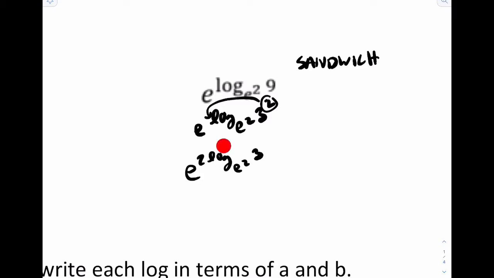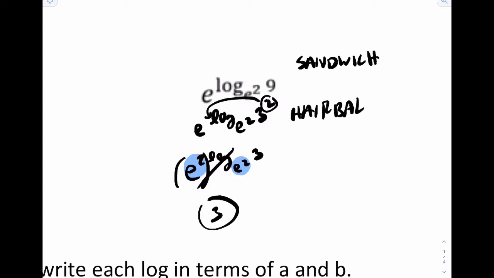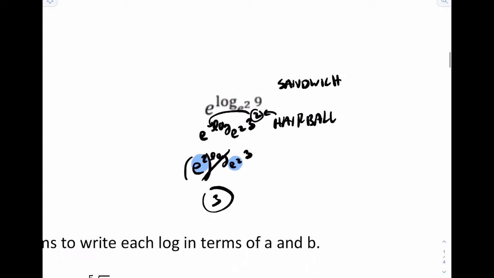And then because this is all an exponent, I can put parentheses here because that'd be the same thing. And now I can see that the bases match and cross it out. Answer is 3. So that's kind of an advanced problem because ultimately we did have to use the sandwich property here, but we had to use the hairball property first. It's a pretty cool problem.